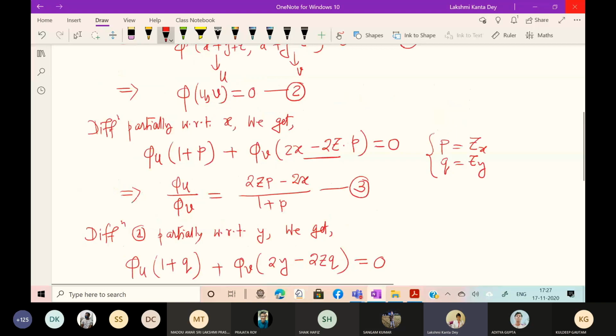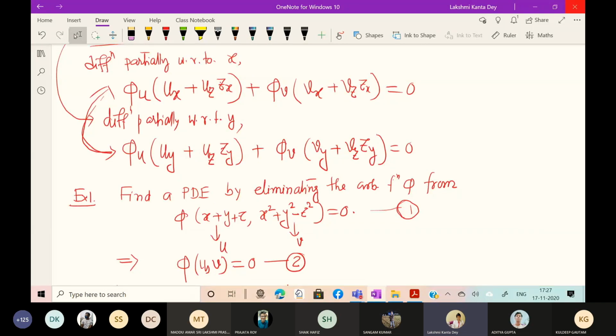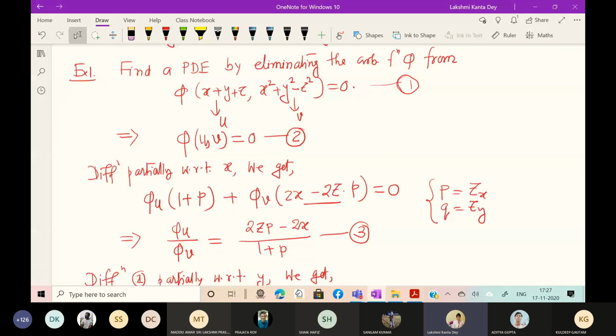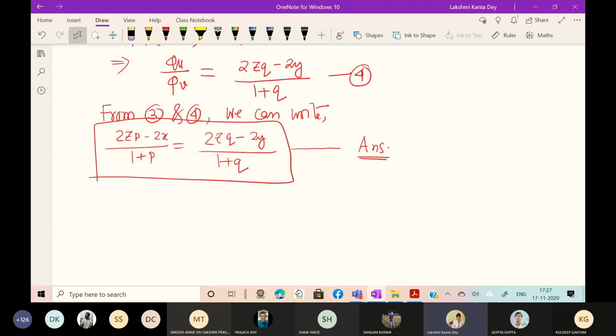This is to find a partial differential equation by eliminating the arbitrary function phi. Clear? So only one arbitrary function is there. Ultimately, by eliminating that arbitrary function, we get a partial differential equation which is of order 1.